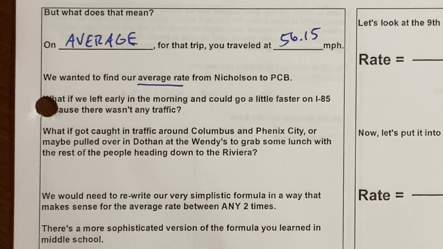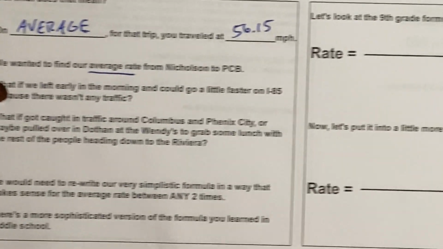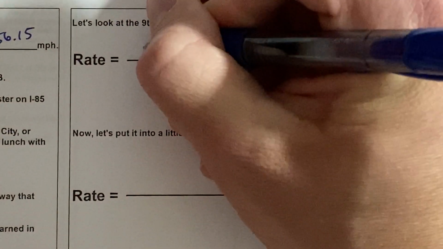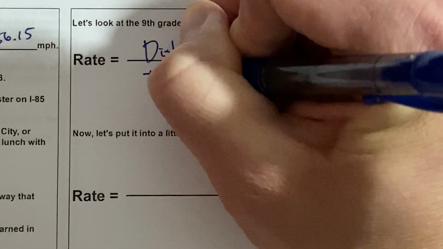We need to rewrite it in a little bit more complicated way. We had a really simplistic version of this formula, and just to reiterate, it was rate equals distance over time.